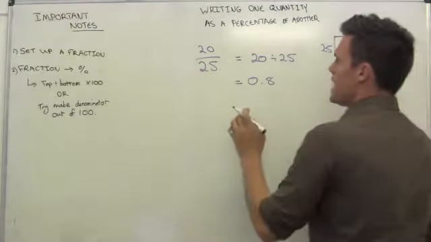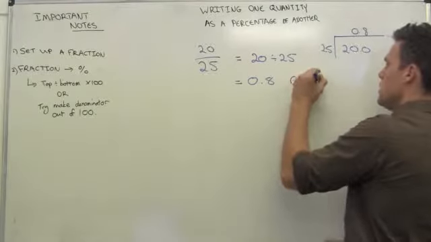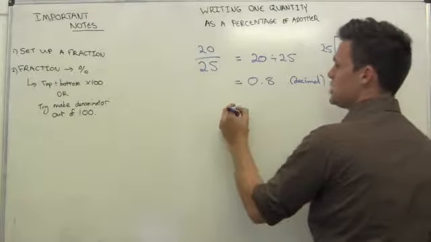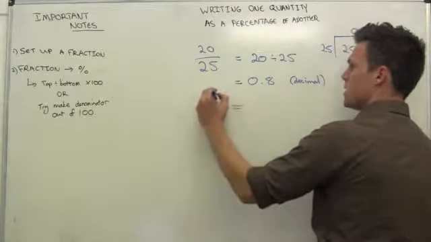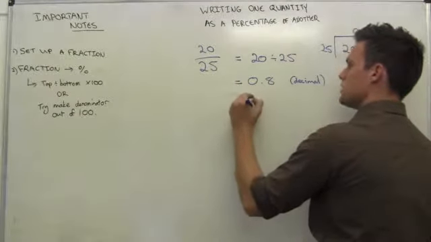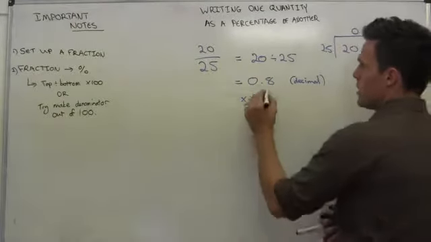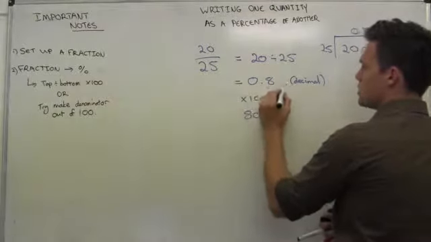Alright, now, my next step is because this gives me my decimal. I don't want a decimal, I want it as a percentage. So I simply multiply this by 100, and I end up with 80. Remember, multiplying by 100, I just hop my decimal two spaces like that.